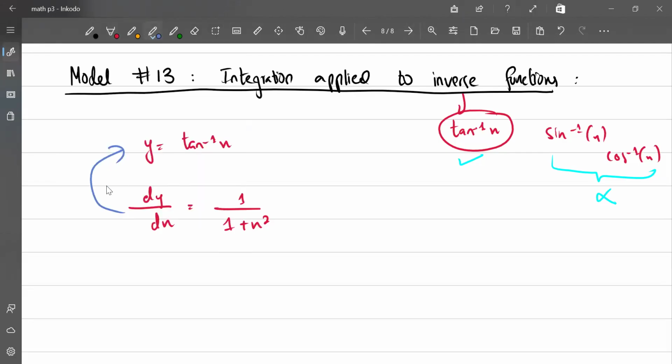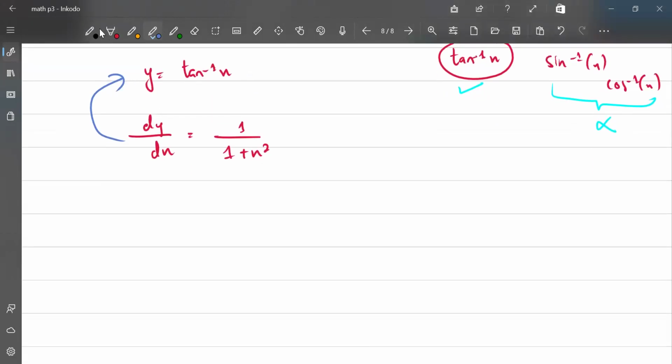Let's understand it more clearly through examples. Let's say we have simply 1 upon 1 plus x square, so it would be tan inverse x plus c.